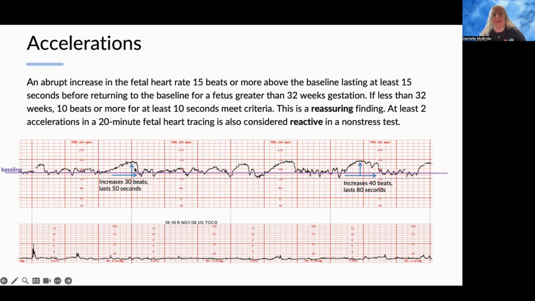For this tracing, we have moderate variability because here's our baseline and we have changes in amplitude of more than 6 beats around the baseline. So we have moderate variability and at least 2 accelerations. This is reassuring that our baby is well oxygenated, and this is considered reactive.